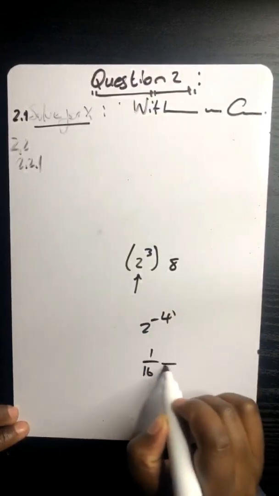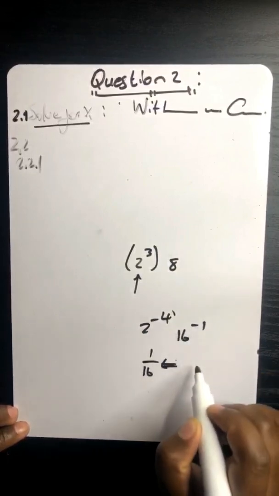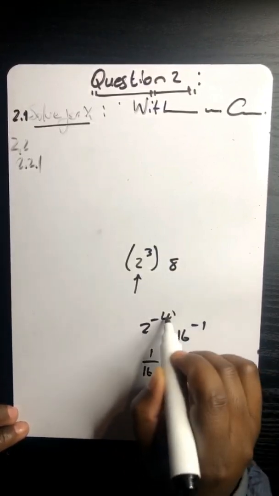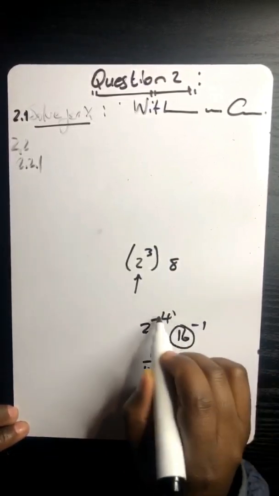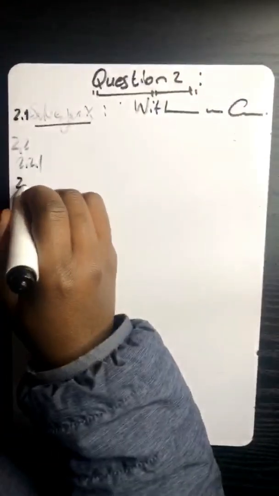But before I write it like this, I'm just going to write it as 16 to the exponent -1, because it's 2 to the exponent 4, which is 16, and then you still have that negative. That's how we're able to see if you used a calculator. Be careful of that.